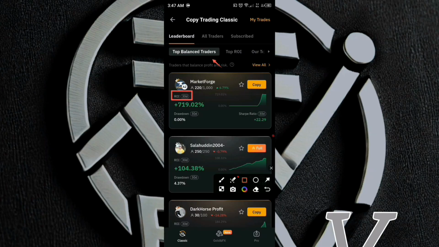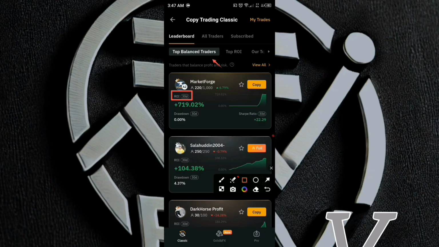As you can see, the number one person in this category, in the last 30 days, has a return on investment of plus 719%, which is actually very good. As you can see, his drawdown, or should I say his loss in the last 30 days, is actually 0.0%, which means this person knows how to trade very well.